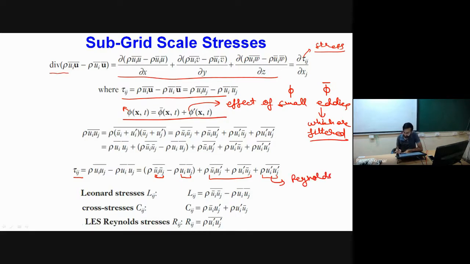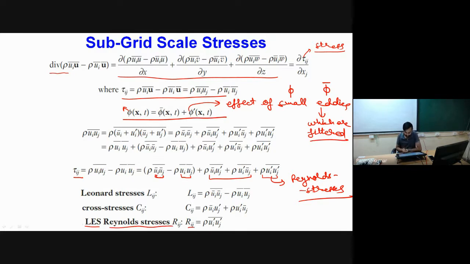In RANS simulation, the Reynolds stress was the entire contribution because of the fluctuating flow or turbulence. But over here, along with this Reynolds stress, we have another contributor, so we call it the LES Reynolds stress.